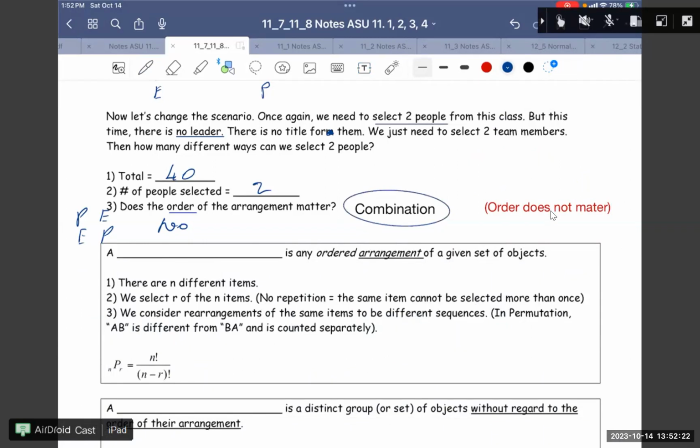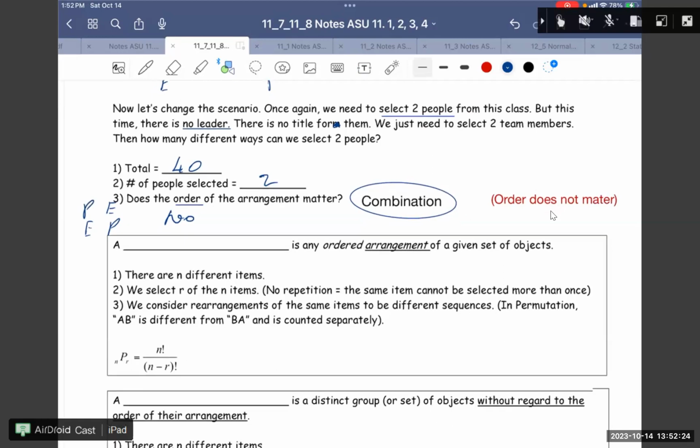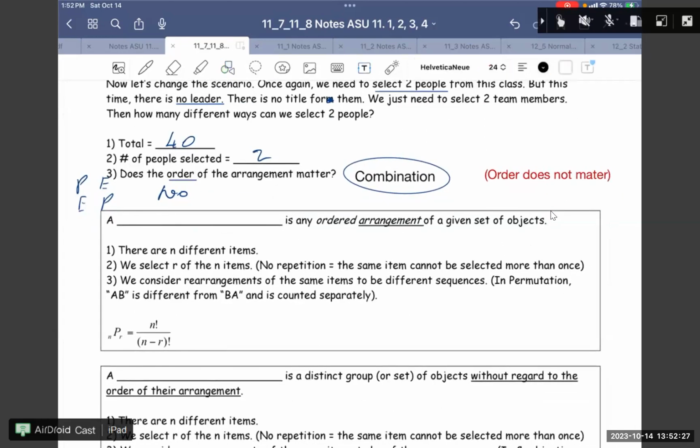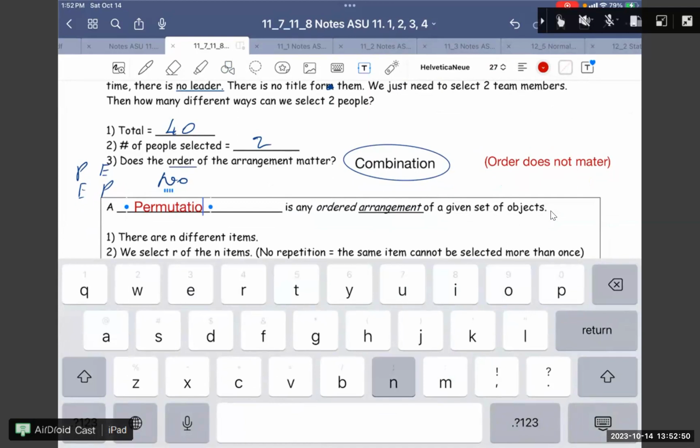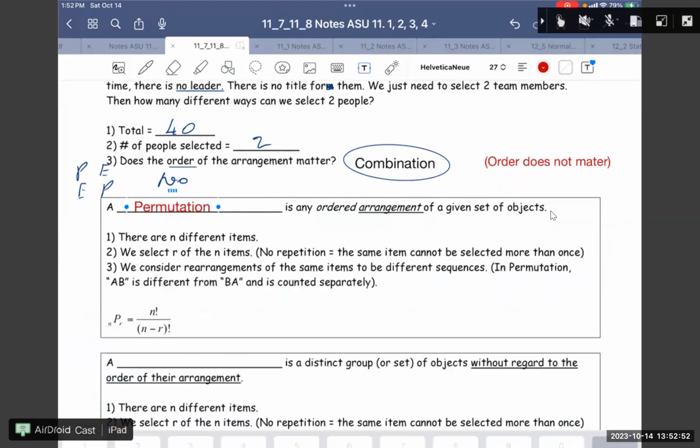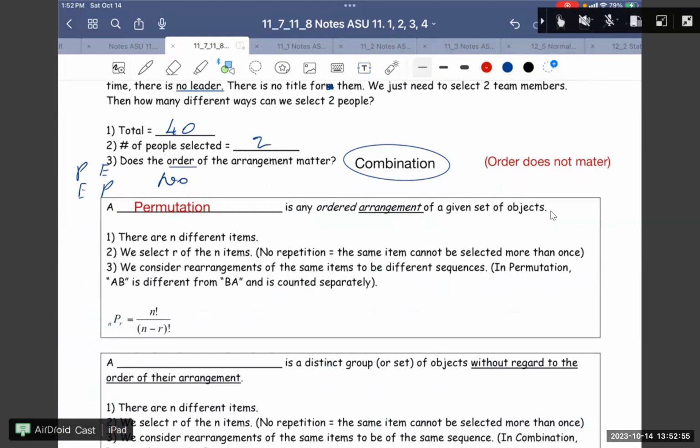And for the other one, permutation, yes, the order matters, the rearrangement gives a different object.